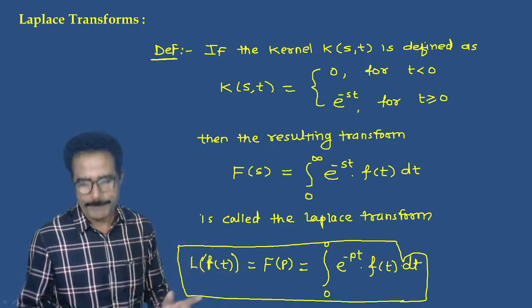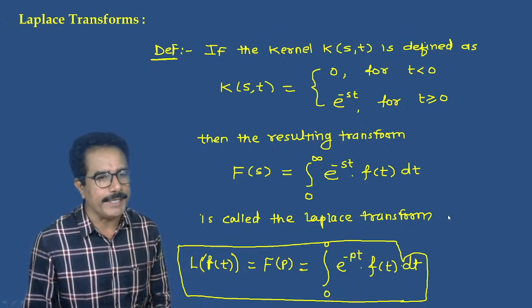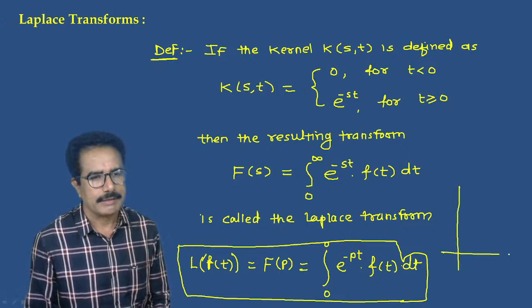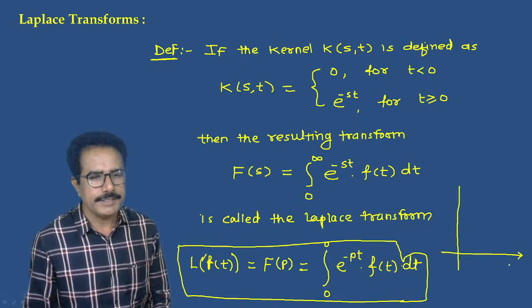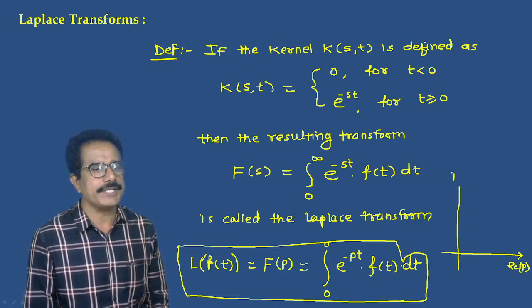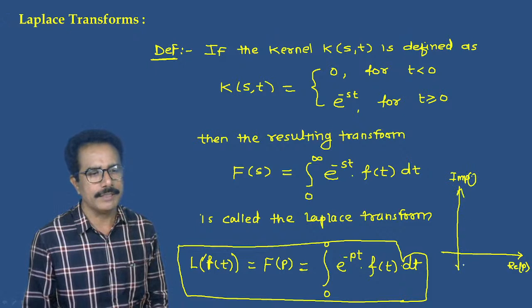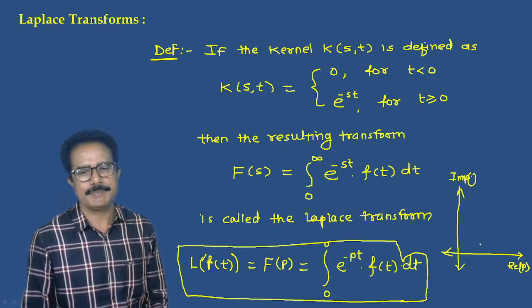If p is complex, then this is the real part of p and this is the imaginary part of p on the quadrantal system.